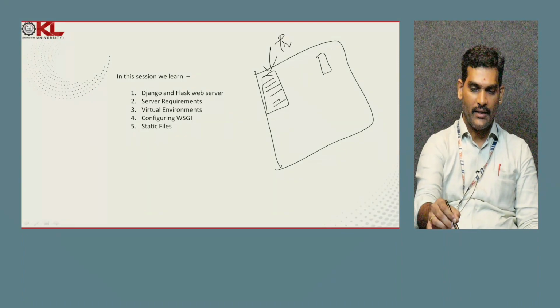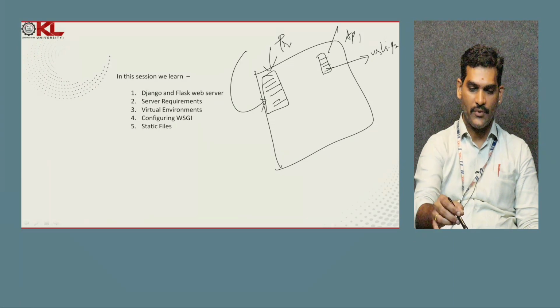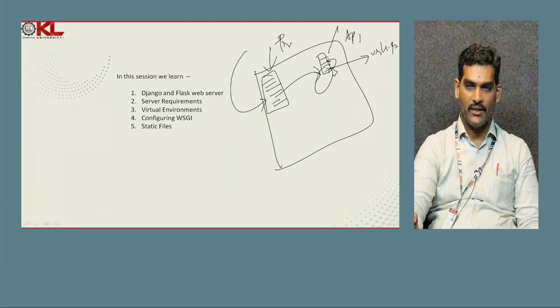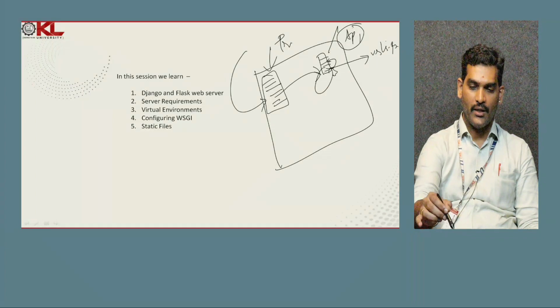Whenever an app is created, app 1, a few things will come, views.py, and we need to create urls.py. Whenever a request comes to the project urls.py, we will connect to this particular urls.py. Views will be there; from views it will interact with models and templates, etc., and retrieve the information. This is related to app 1.